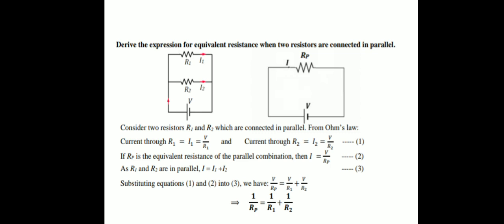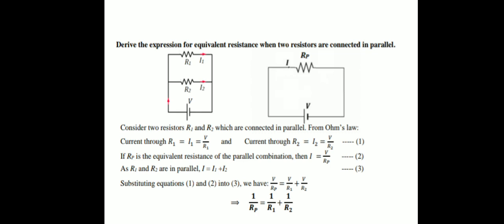On both sides V gets cancelled, and therefore we can write 1 divided by Rp is equal to 1 divided by R1 plus 1 divided by R2. This is for parallel combination. Therefore, when the resistors are connected in parallel, the reciprocal of the effective resistance is equal to the sum of the reciprocals of the individual resistances. This is known as the law of parallel combination of resistors.